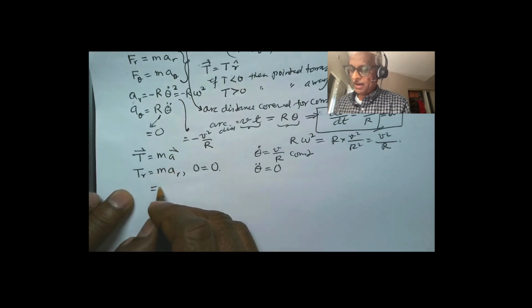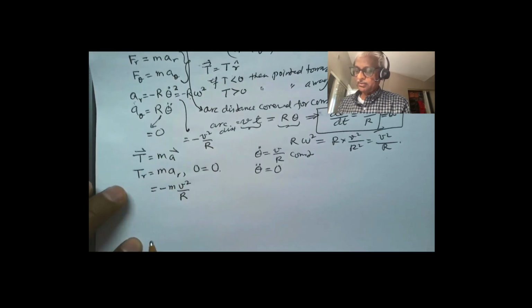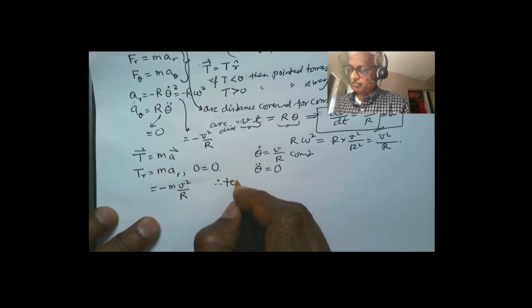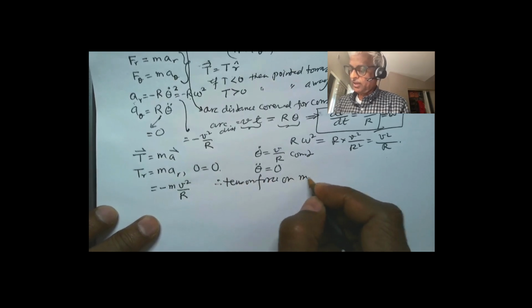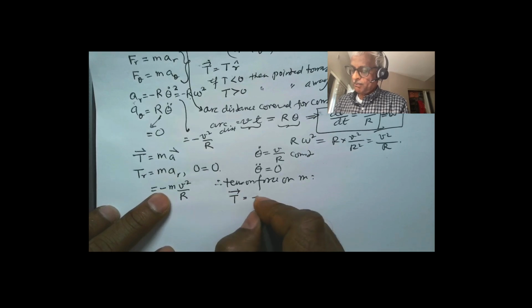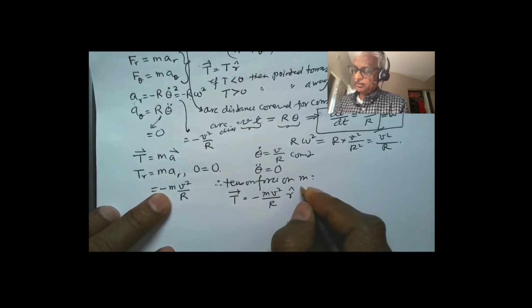This is minus m v square over r. Therefore the force on m is T equals minus mv square over r r hat.